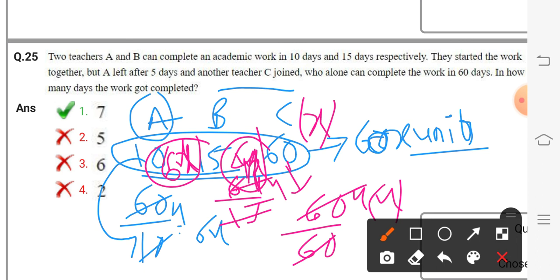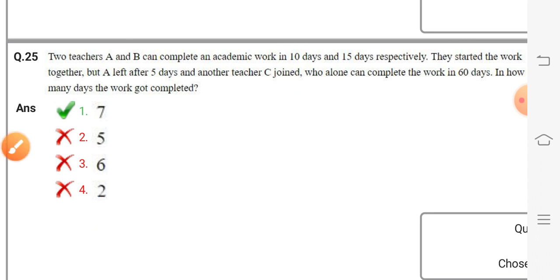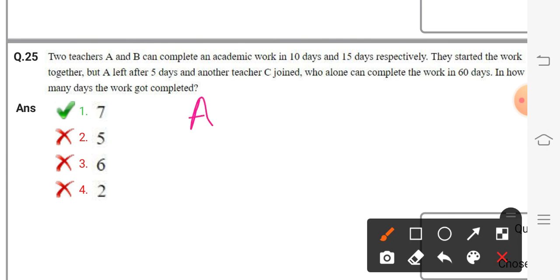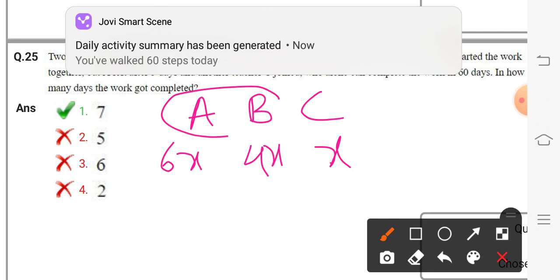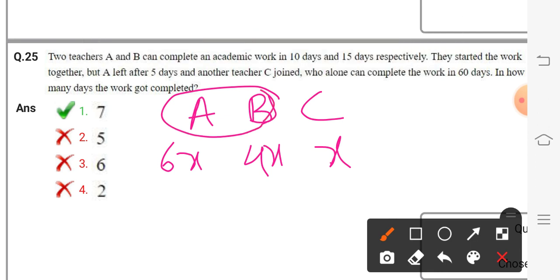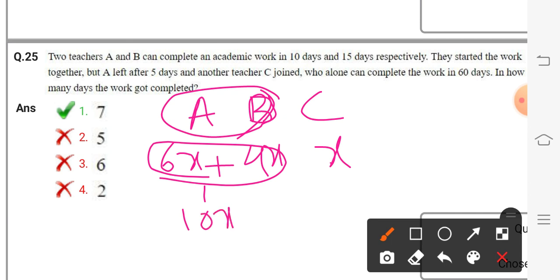A teacher efficiency is 6x, B teacher efficiency is 4x, C teacher efficiency is x. A and B combined completed some work in 5 days. Their efficiency is 6x plus 4x, that is equal to 10x.